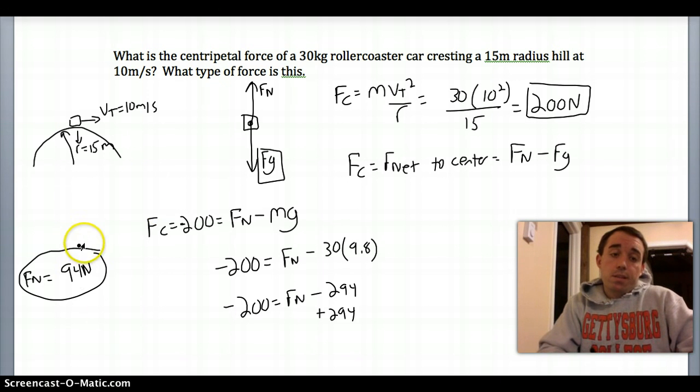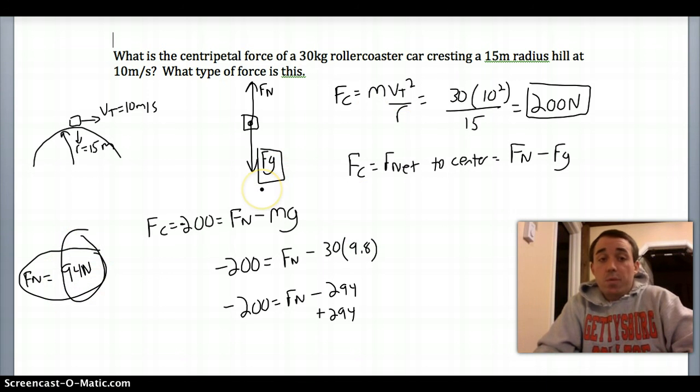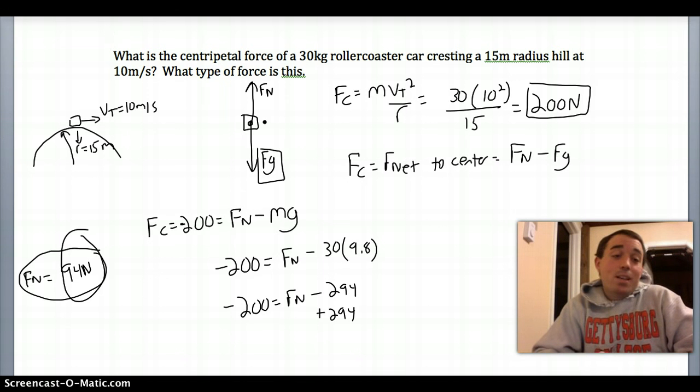Well, this is the reason. You feel a little lighter because your gravity is partly taken away, just accelerating you over that hill. It's your centripetal force. It no longer really counts as the gravity force. It becomes the centripetal force. It takes away some of your weight because that weight is required to just pull you around the hill. That's really cool. So that's why you feel a little lighter.